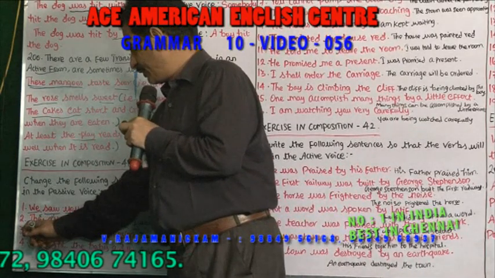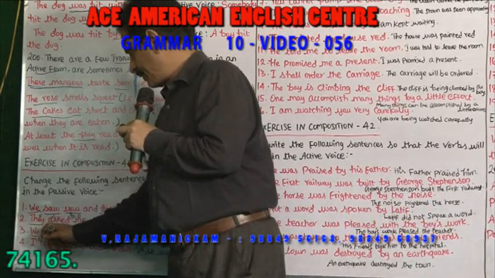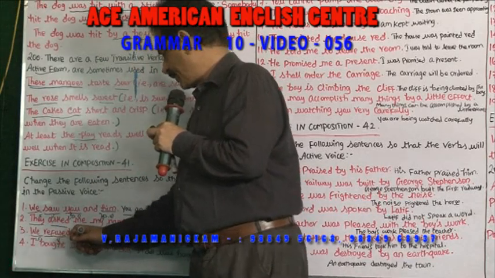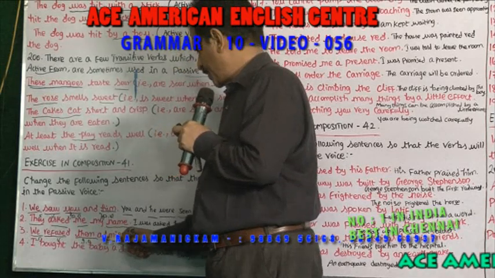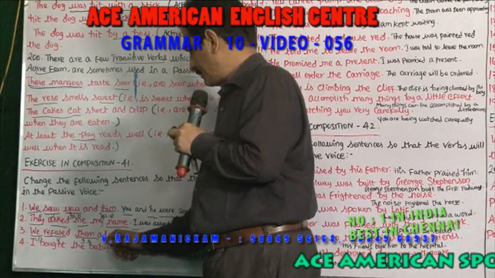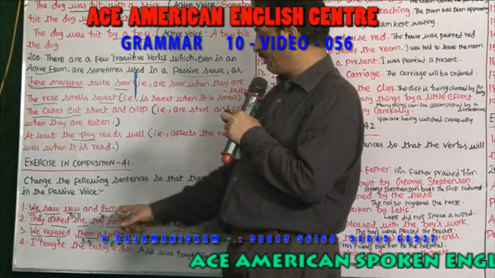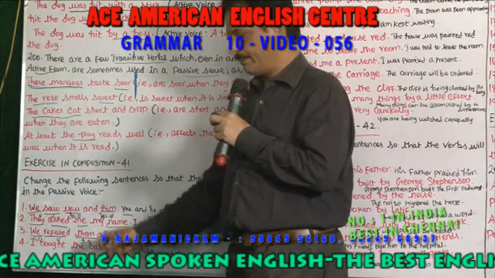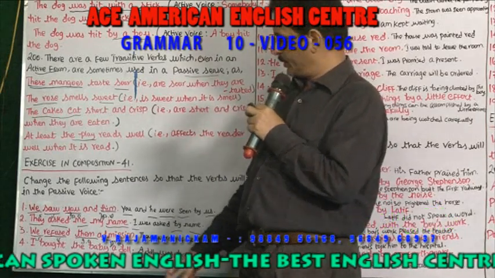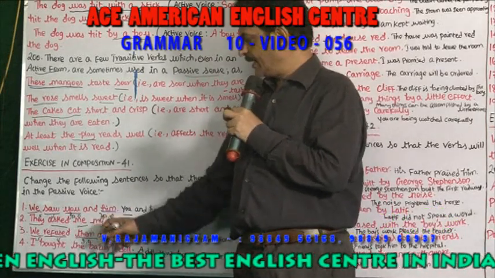We refused them admission. We is the subject. Refuse is the verb. Them is the indirect object. Admission is the direct object, right? So you ask a question to refuse. To whom did they refuse? Them. Them becomes the indirect object. What did they refuse?